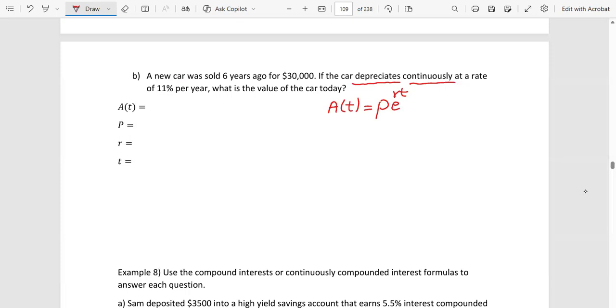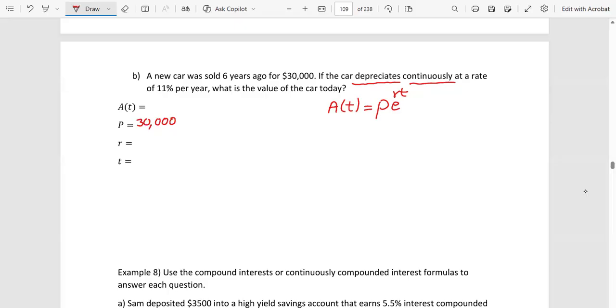The car was sold 6 years ago for 30,000. Okay, so that is the value of the car. It says depreciates. That means it's a decay problem because it's decreasing after each year.